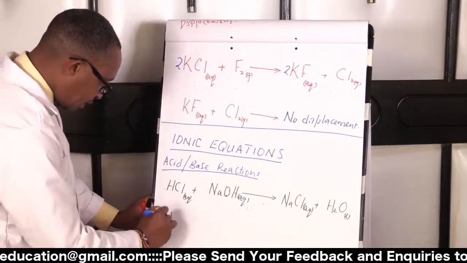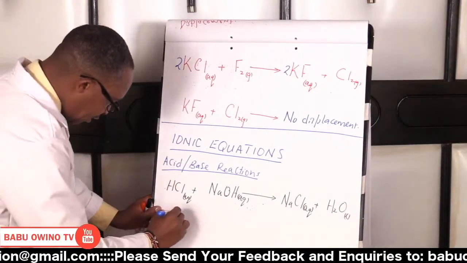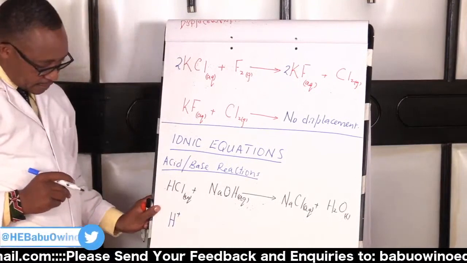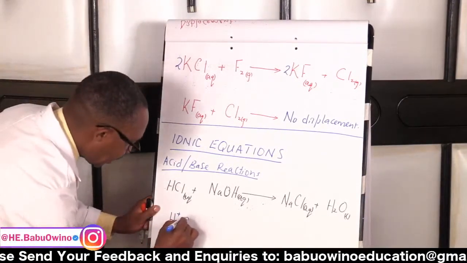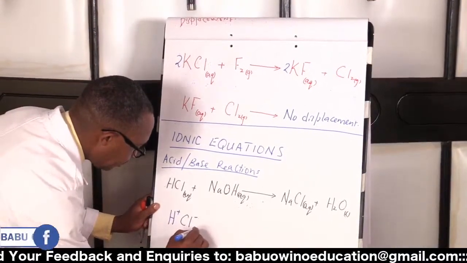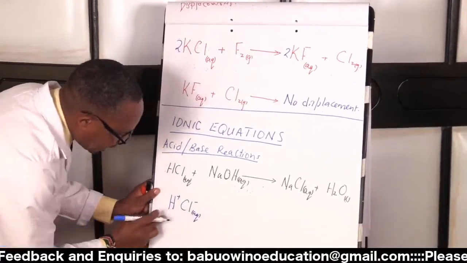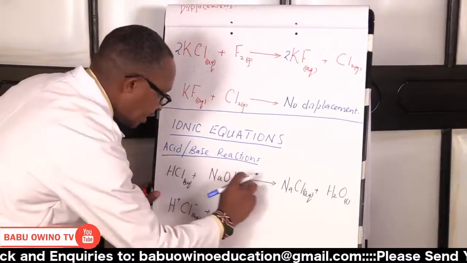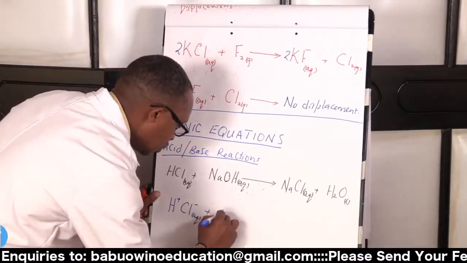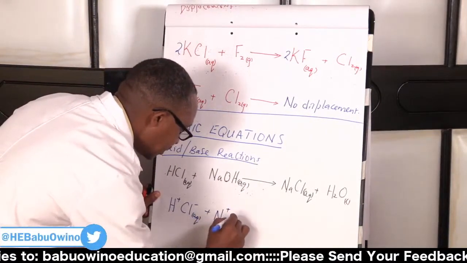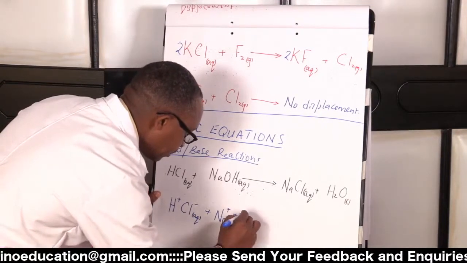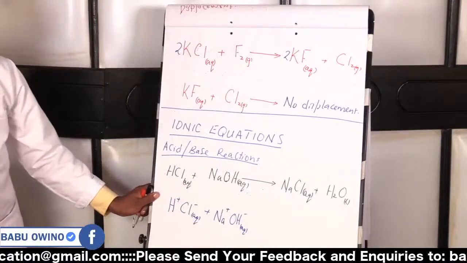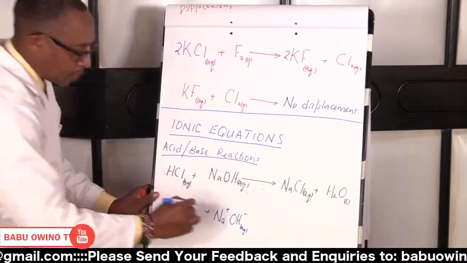By separation, I mean the ions leave each other, but stay within the neighborhood. So this is the hydrogen ion, and that is the chloride ion. So they are in aqueous state. The same happens to this: sodium ions and the hydroxide ions. They have separated, but they are in solution.